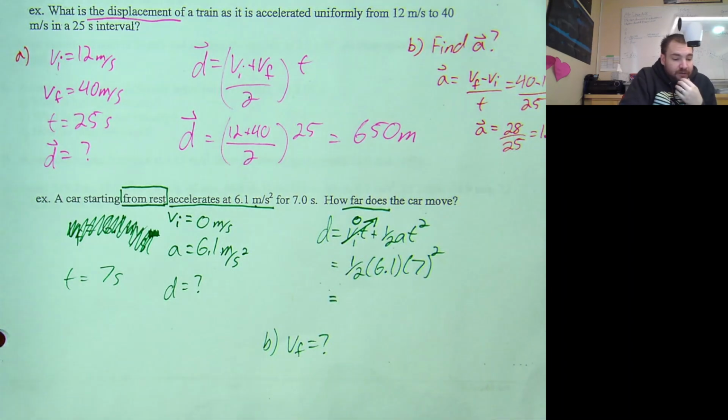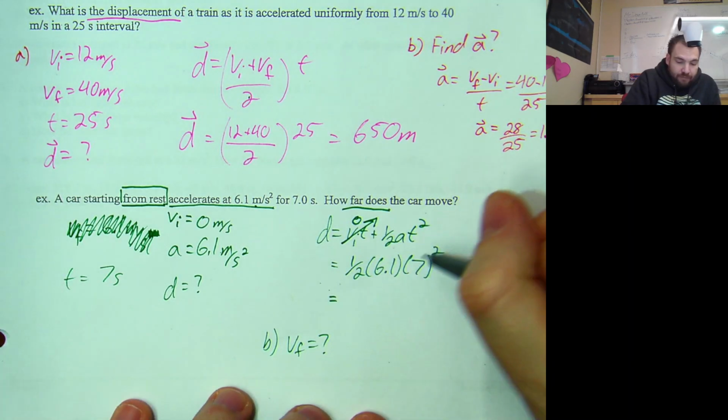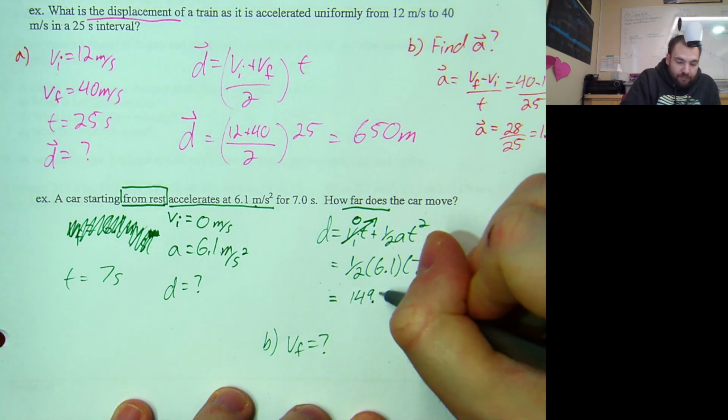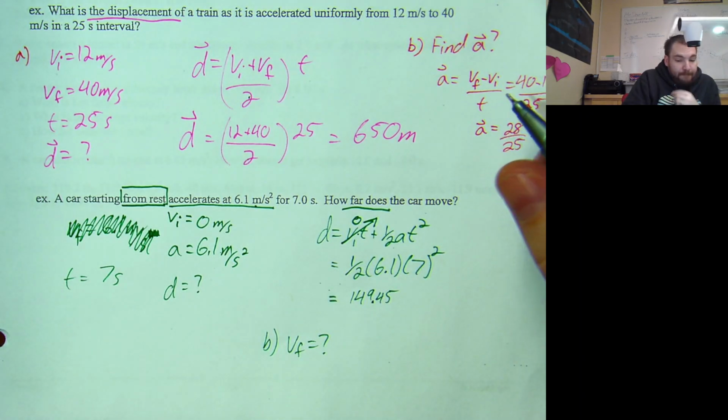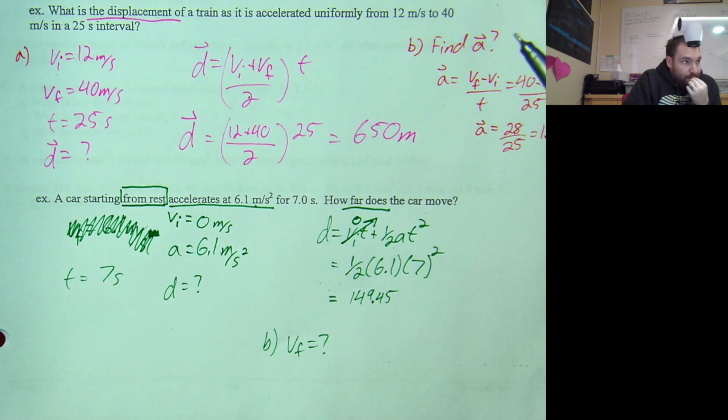How far did the car travel in the 7 seconds it was accelerating? 149.45 what? Which one is it?